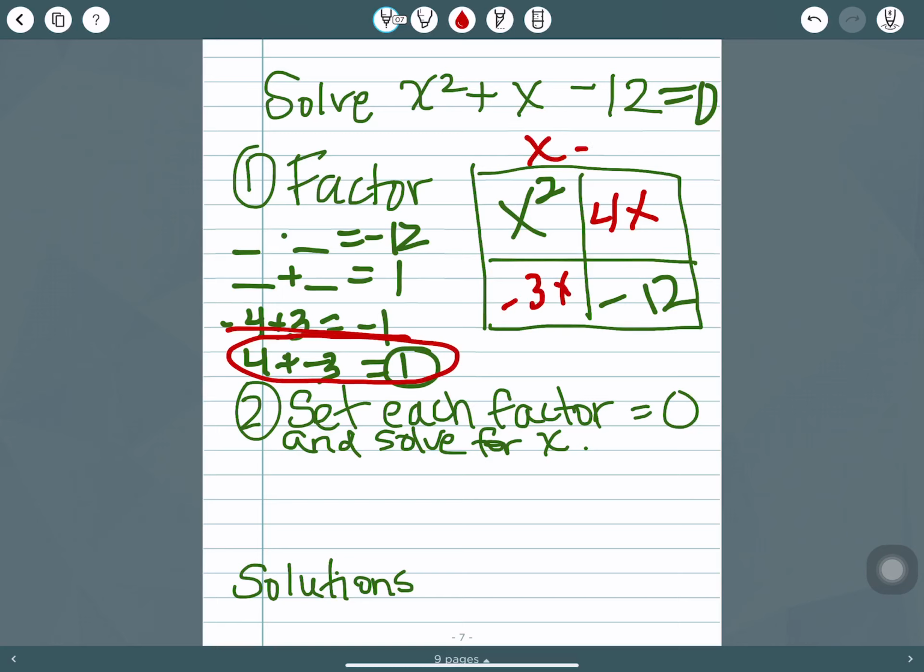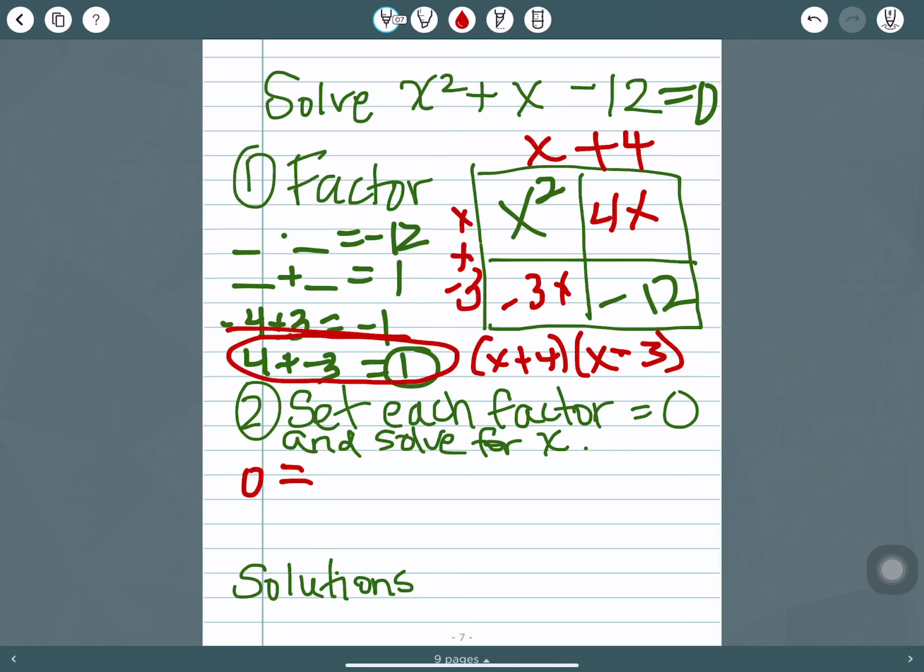So x plus 4 and x minus 3. So our two factors are x plus 4 times x minus 3.